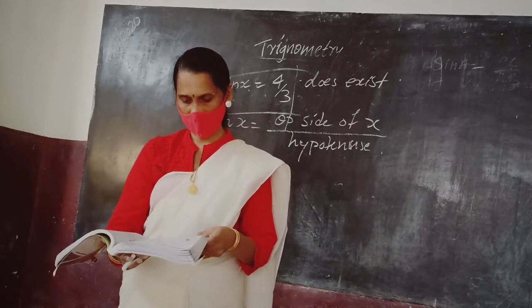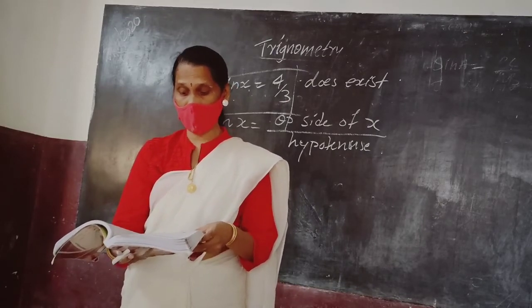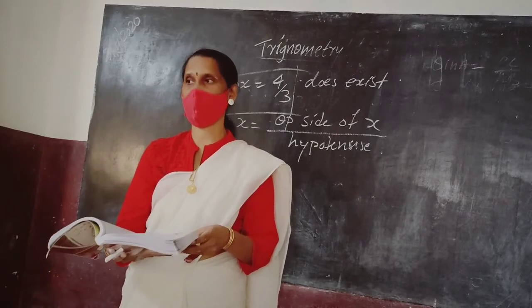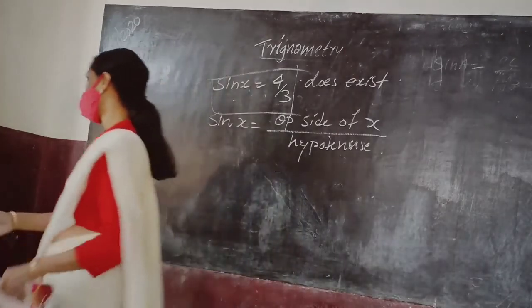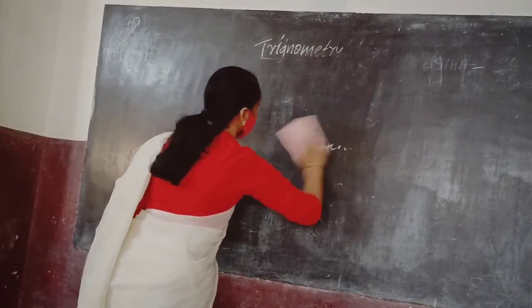Okay, next. The value of sin A and cos A is always less than 1. Do you agree?